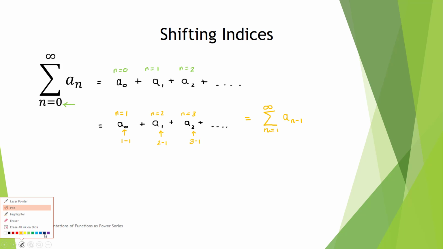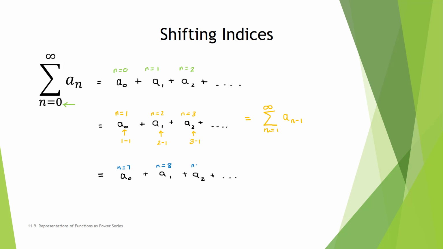Similarly, I can make this series start at whichever index I want. Say, for some reason, I wanted my series to start at n equals 7. So I want this term to be 7, this term to be 8, this term to be 9, and so on.